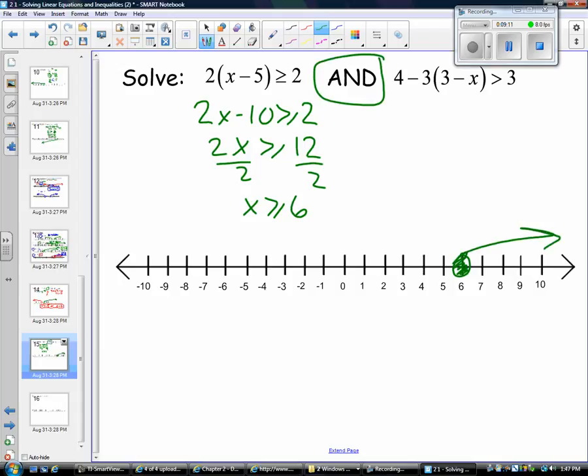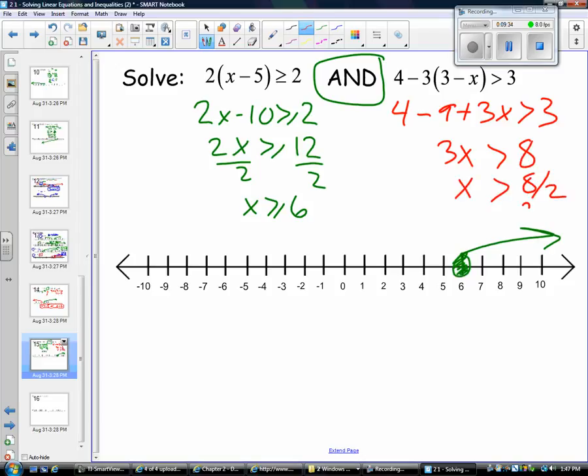Then we have an and, so I'm looking for where they are overlapping. Let me simplify the right-hand side. I collect like terms. So I end up getting 3x, and then I will simplify. So I get x is greater than 8/3, which is about 2.67.